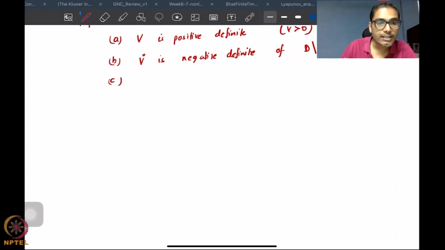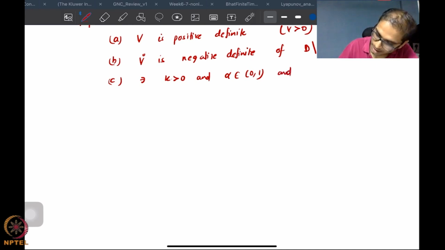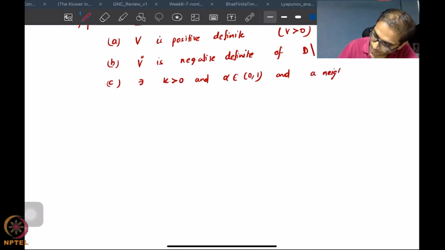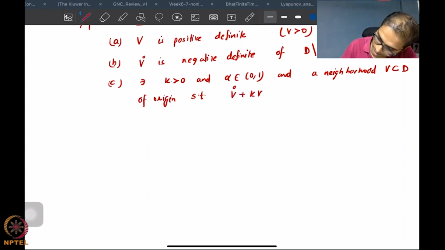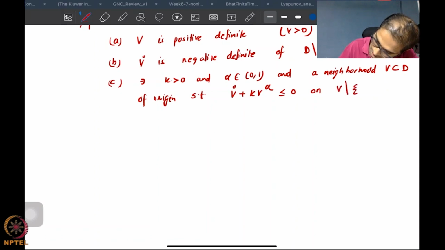Okay, and finally you need this special condition, right, that there exists k positive and an alpha in (0, 1) and a neighborhood V inside D of origin such that V dot plus k V to the power alpha is less than or equal to 0 on this V deleting the origin.